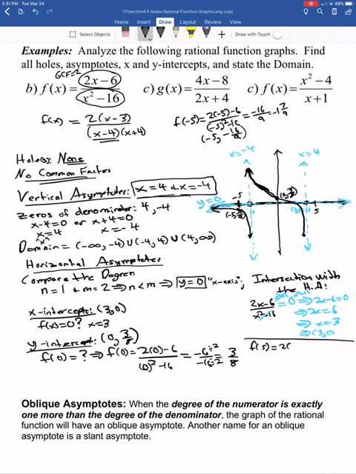So that would be 2 times 5 minus 6 over 5 squared minus 16. 10 minus 6 is 4. 25 minus 16, 9. So I got 4 ninths. So (5, 4/9) is a point on this graph. So we could plot that point, (5, 4/9), right here. It's a point which our graph will cross through here. And now that allows us to graph in this side over here.